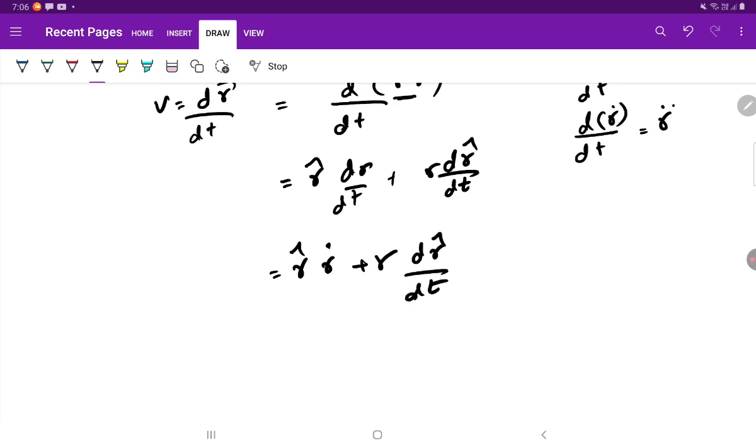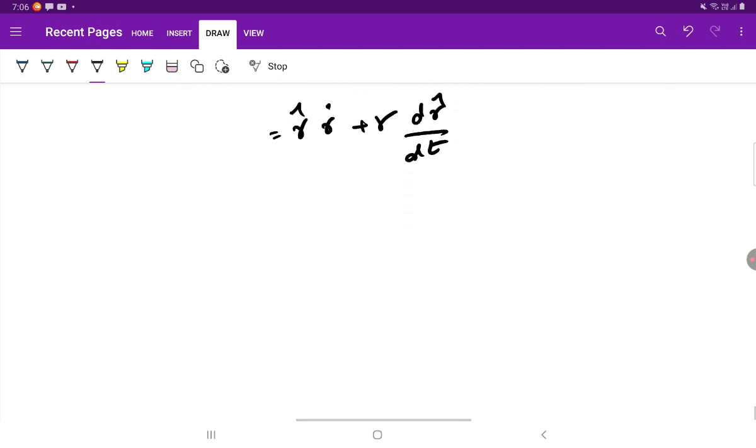Right? Now, how will we write d r cap by dt? This is a little harder. We can say something like this. Suppose initially my coordinate system is somewhat like this: theta cap, this is r cap. Both of them are unit vectors, you know.